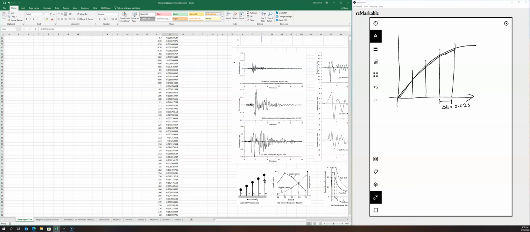From there on, it's fairly straightforward. You can calculate the pseudo velocity, which is nothing but omega times the calculated displacement, or the pseudo acceleration, which is again omega times the calculated pseudo velocity.